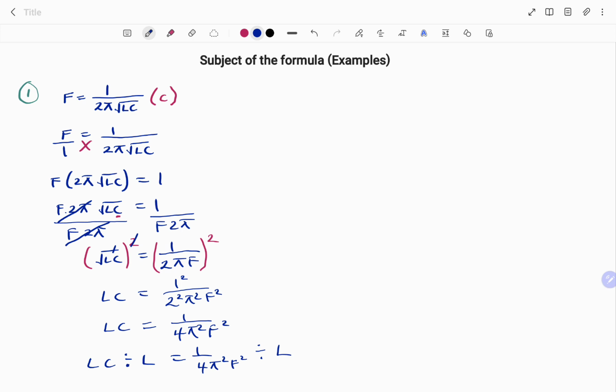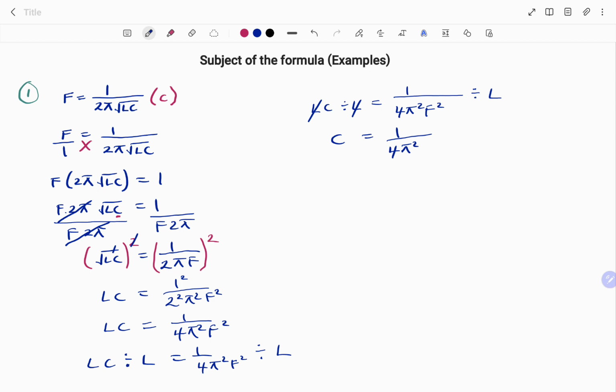I'm going to rewrite it on the side. I'm writing divided by L as against writing over L to make it easy for me to swap because I have a fraction on the other side. If I divide this by L, my L cancels. I'm left with C equals, and remember if I'm dividing by a fraction, I need to apply 2 rules.